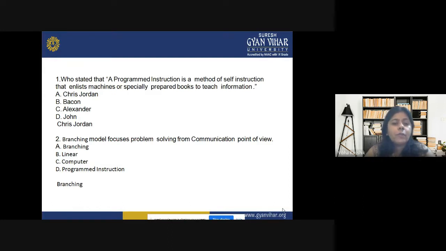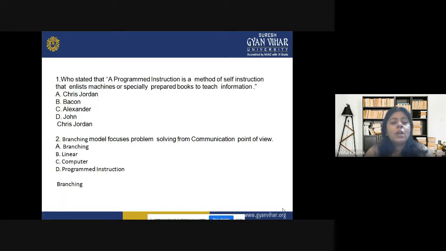Now, the first one: who stated, meaning who has given that particular definition? A program instruction is a method of self instruction, a way of giving self instructions, that enlists machines or specially prepared books to teach information.